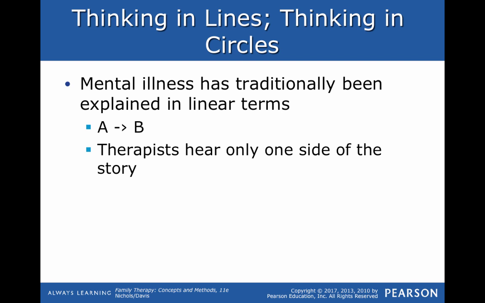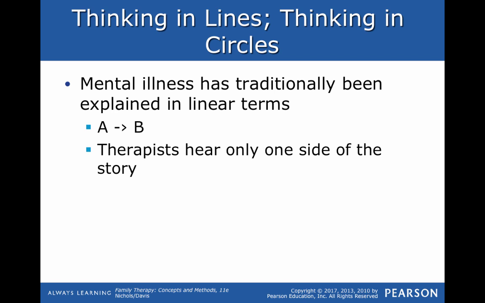When we look into family therapy, we shift our paradigm from thinking in lines to thinking in circles. Mental illness has traditionally been explained in linear terms, medical or psychoanalytical. For example, emotional distress was treated as a symptom of some internal dysfunction with historical causes.